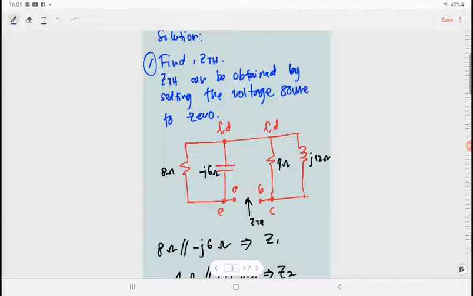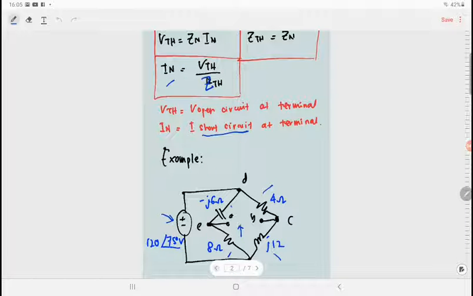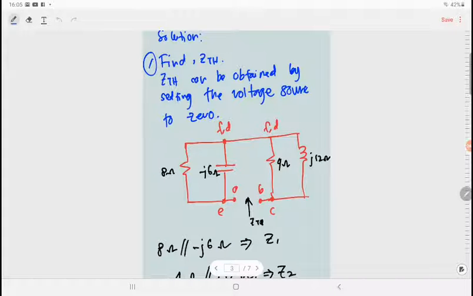So that means you have a voltage source over here, and by setting the value of this voltage source to 0, we need to short circuit this voltage source. So this is where we short circuit your voltage source, and this is the simplified version of the circuit.